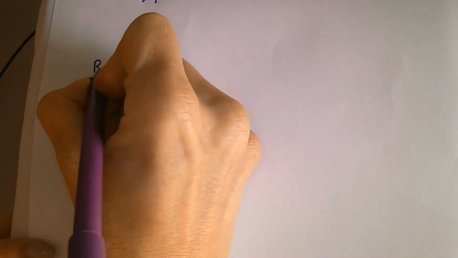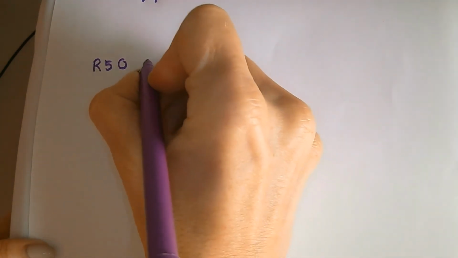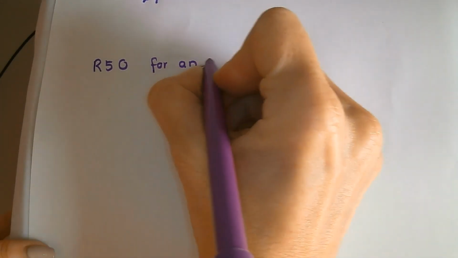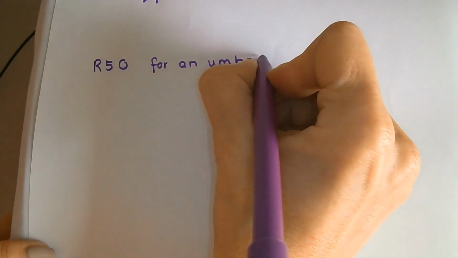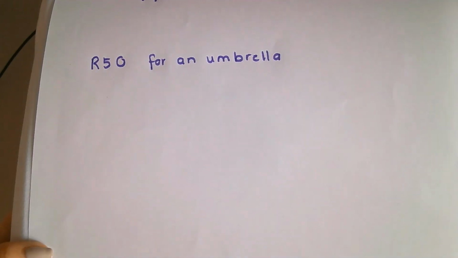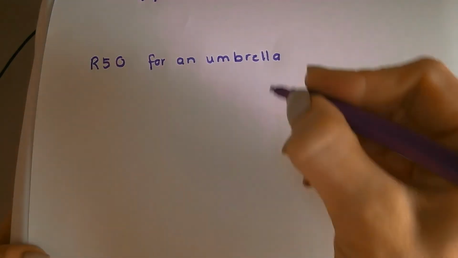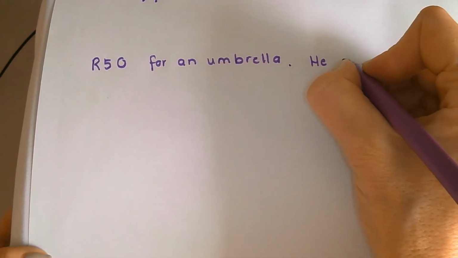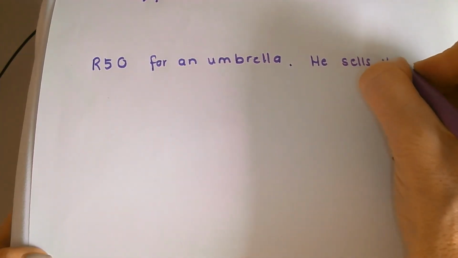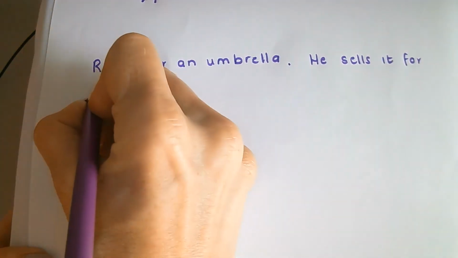Okay, so here's another question that I found in one of the textbooks. It says that a shopkeeper pays 50 Rand for an umbrella. We're going to do it quite quickly. He eventually can't sell it, and he eventually sells it for 35 Rand.